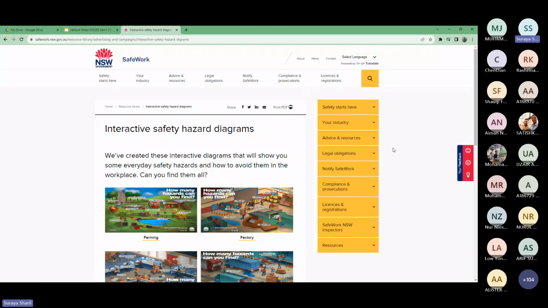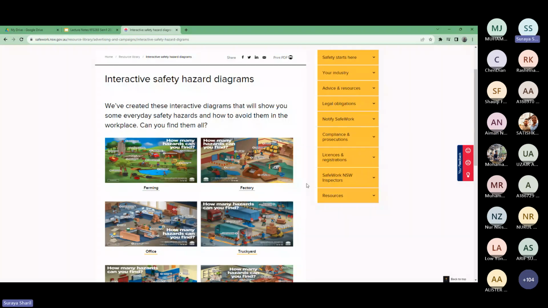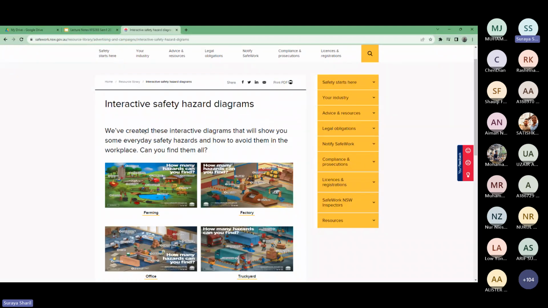Can you see the NSW SafeWork interactive safety hazard diagram? Can you see this one? Yes, right. This is an interactive activity to identify hazards, because hazard perception is something that we need to train.